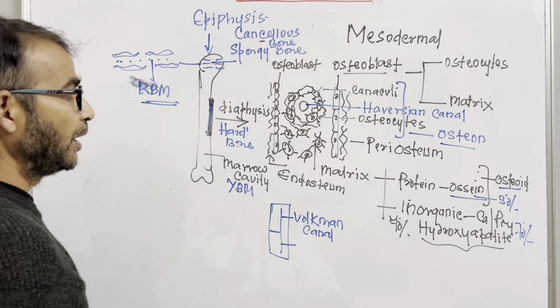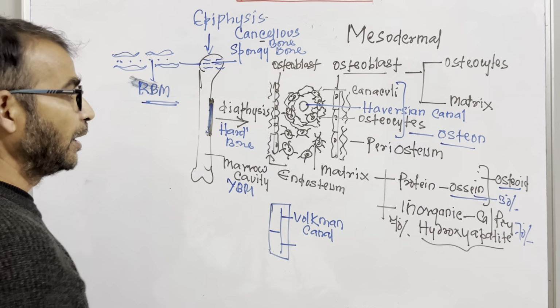But before that, I must tell you that the bone-forming cells, osteoblasts, which form the osteocytes, also get converted into a kind of macrophage, which are the osteoclast cells. Osteoclast cells are present inside the bone. What is the function of the osteoclast?